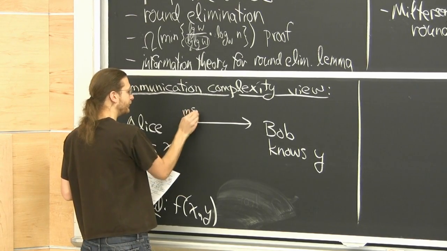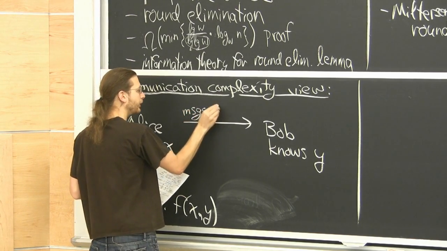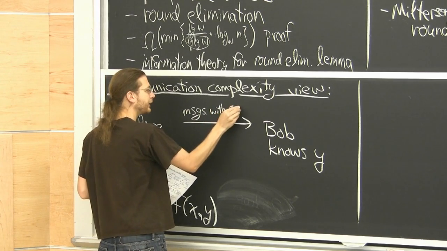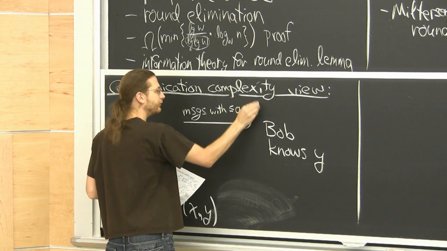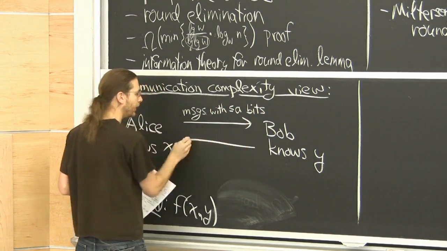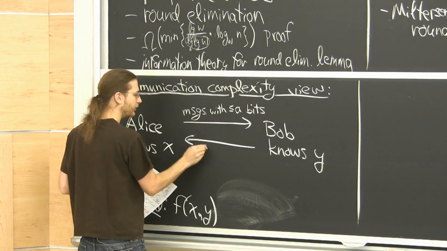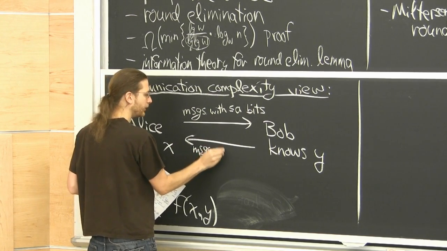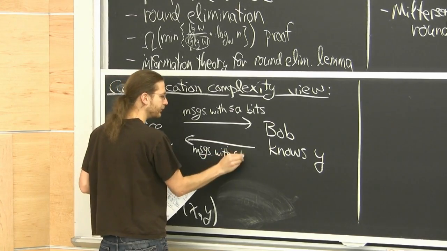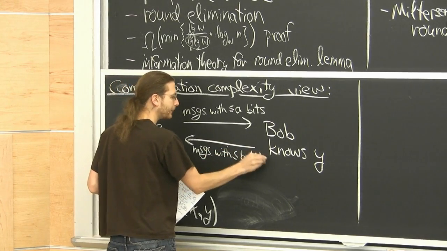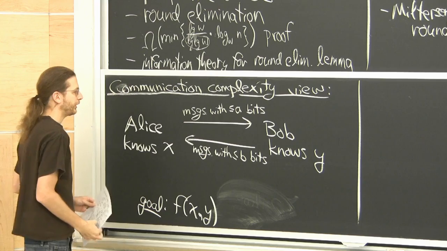Alice can send messages with less than or equal to little a bits, a for Alice. Bob can send messages with less than or equal to little b bits, b for Bob. So that's the constraint.